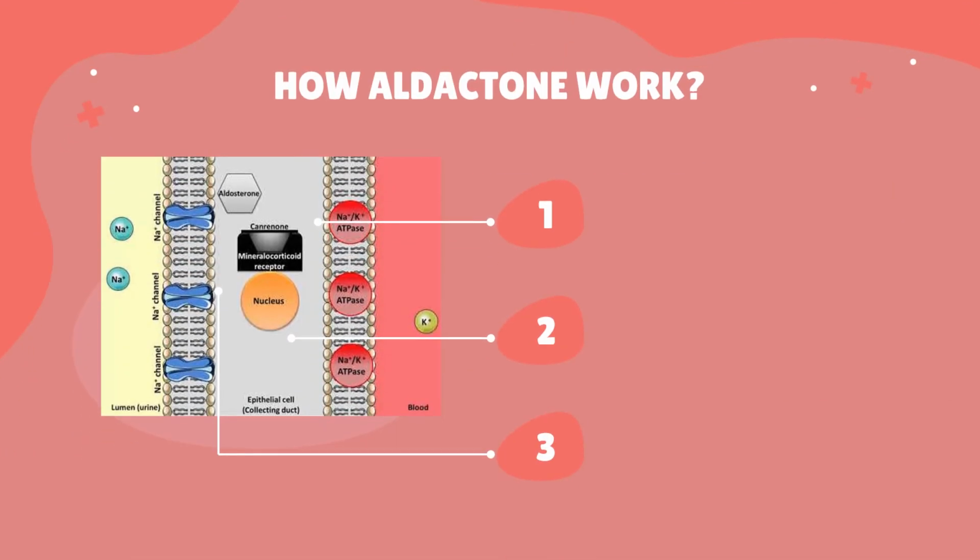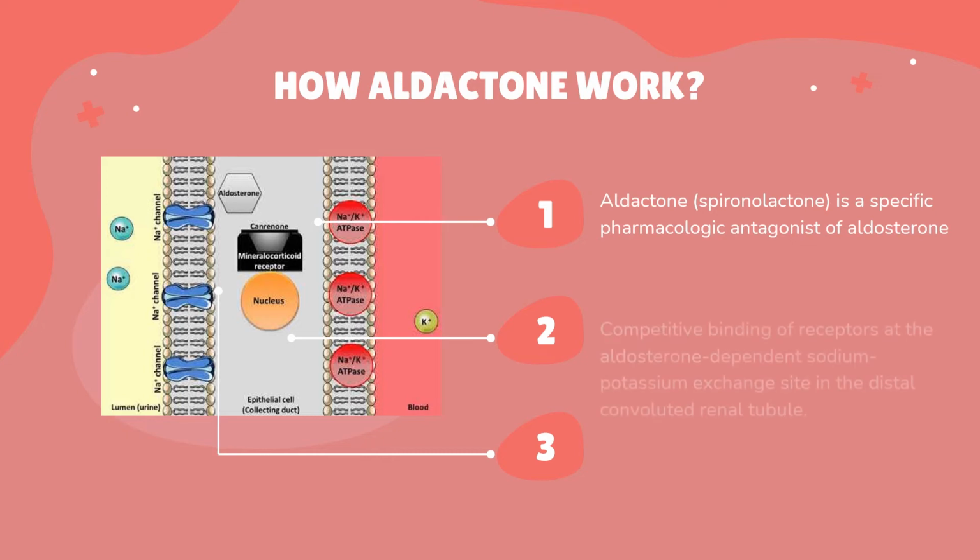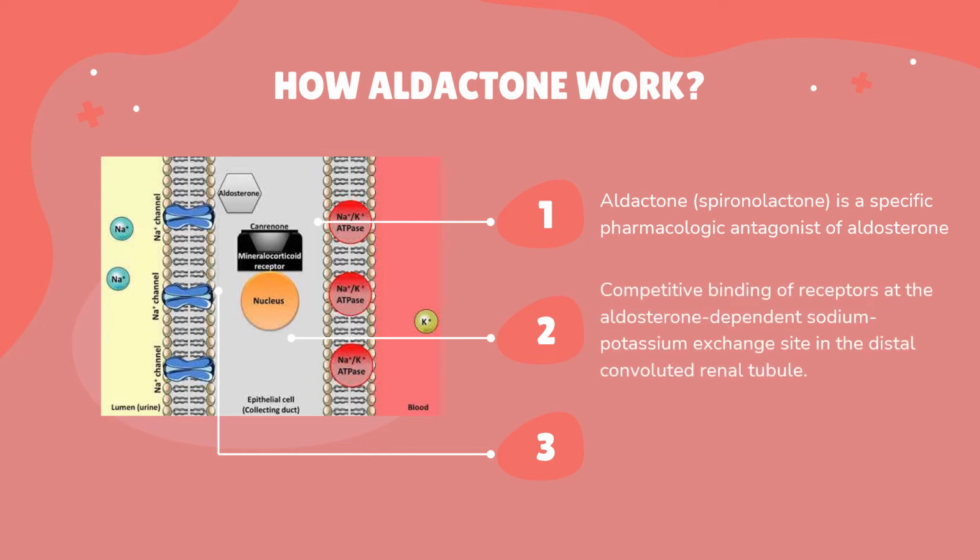How does Aldactone work? Aldactone, or spironolactone, is a specific pharmacologic antagonist of aldosterone, acting primarily through competitive binding of receptors at the aldosterone-dependent sodium-potassium exchange site in the distal convoluted renal tubule.